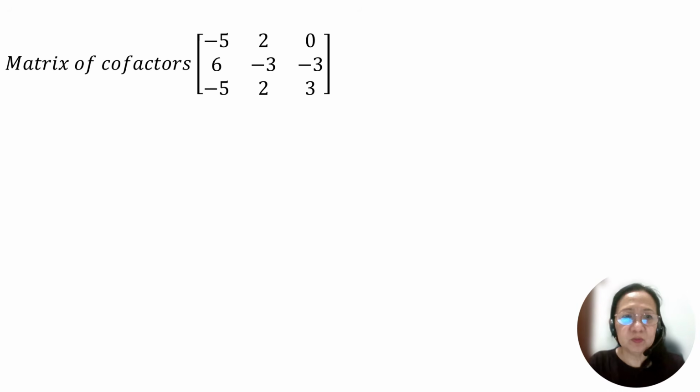From the previous slides, we solved for the cofactors of each entry of our matrix A. Let us collate them into our matrix form. We arrive at the first row, negative 5, 2, 0. Second row, 6, 3, negative 3. And third row, negative 5, 2, 3.